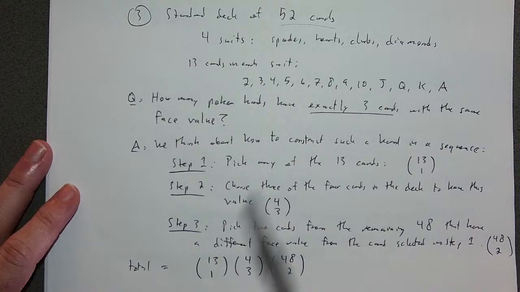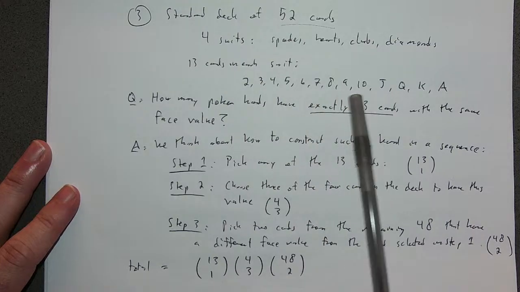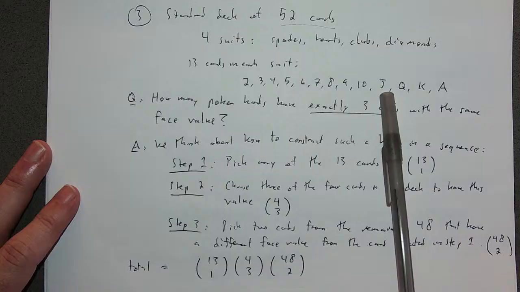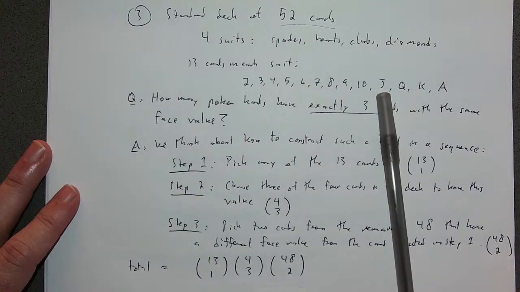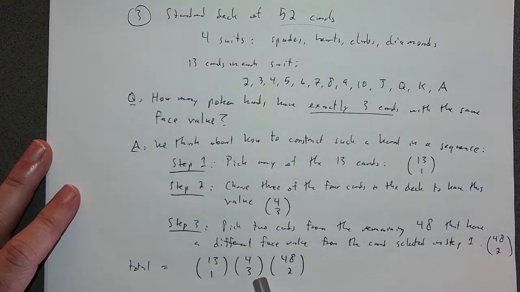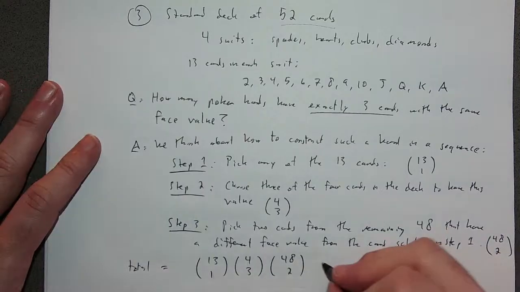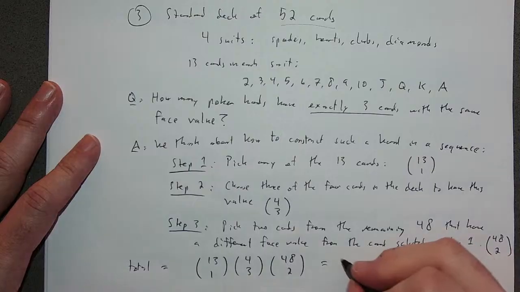First step, I pick the face value that I'm going to have exactly 3 cards match. So Jack, we'll say. Step 2, I have to select any 3 of those jacks. There's 4 choose 3 ways of doing that. Step 3, I need to pick 2 cards that are not jacks. So there's 48 choose 2 ways of doing that. There's a lot of ways of doing that. So the total number of possibilities here is 58,656.